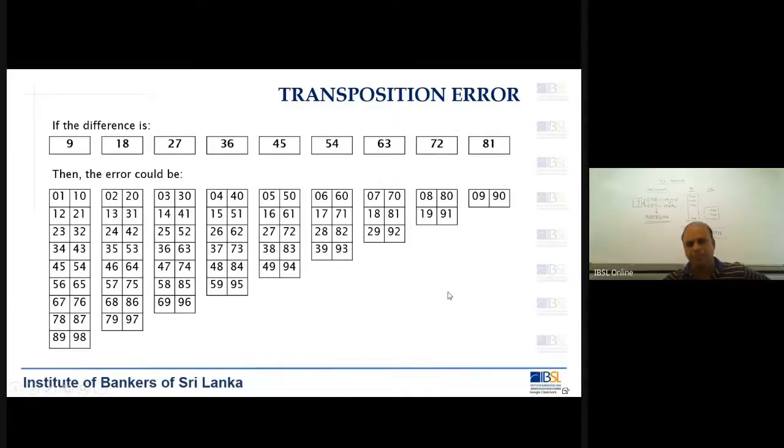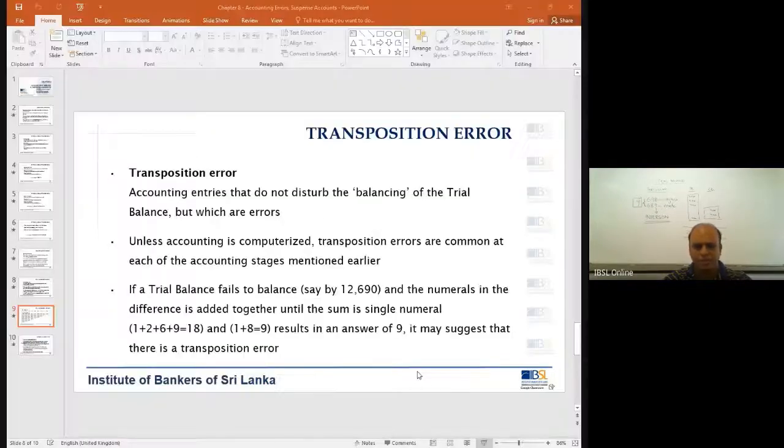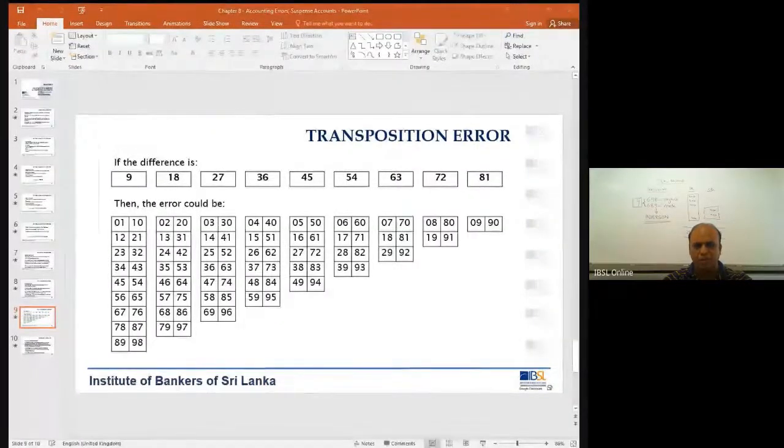Okay. So that is all about accounting errors. If you have any questions, you can raise them now before we get on to the next topic. If you have any questions, please post them.